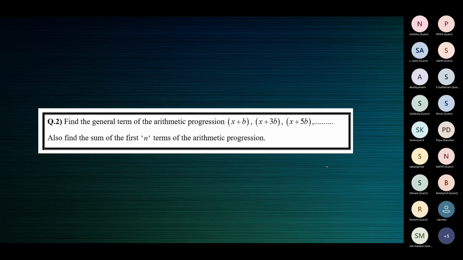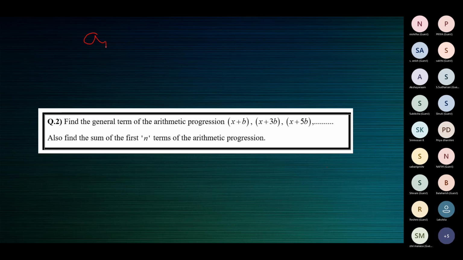That means you should substitute for a and d. In the formula, we normally substitute for a, n, and d. But if you have to find the general term, meaning it's not the 10th term or the 20th term or the 50th term, you want to find an. So n will be n only. You should substitute for a and d.